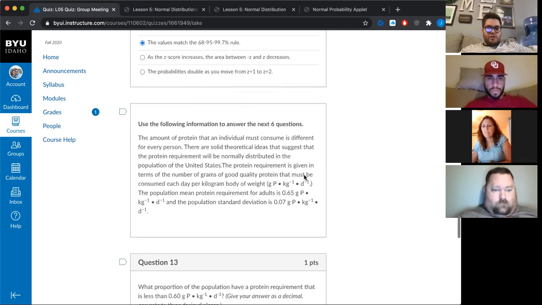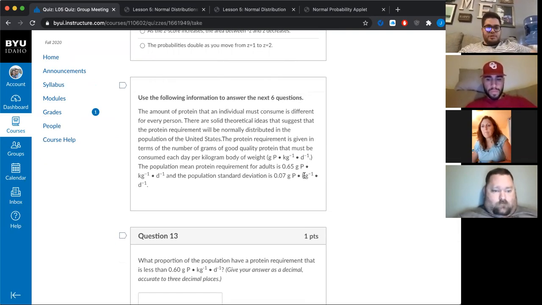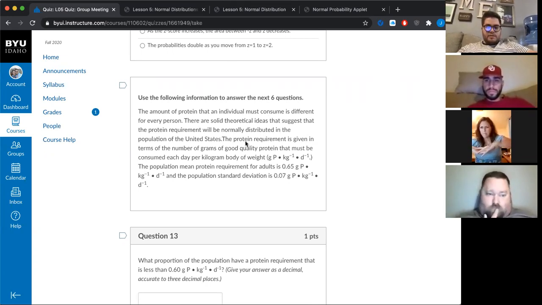So then we have, use the following information to answer the next 6 questions. The amount of protein that an individual must consume is different for every person. There are solid theoretical ideas that suggest that the protein requirement will be normally distributed in the population of the United States. The protein requirement is given in terms of the number of grams of good quality protein that must be consumed each day per kilogram body weight.